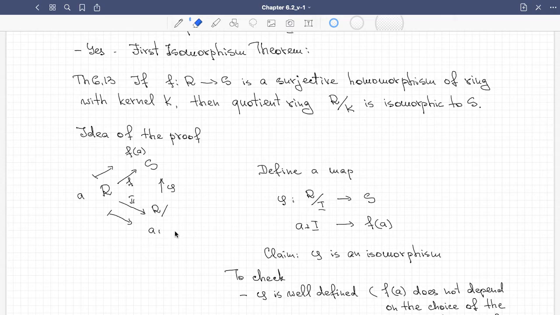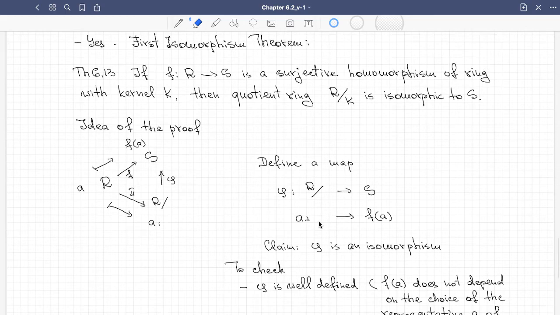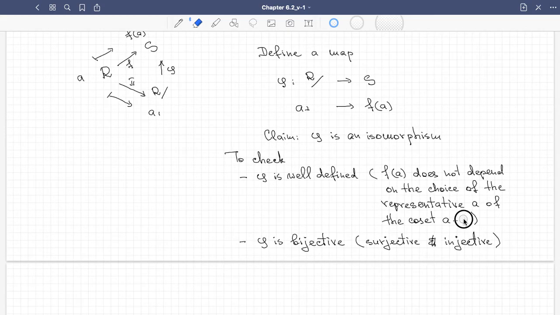The ideal was denoted by K, and I wrote I everywhere. That's a bad idea. So this is K, and this is K, and this is K, and this is K, and this is K. Oh, now it is consistent. So the map phi is bijective. It is surjective and injective. I explained briefly why. The details are in the book.